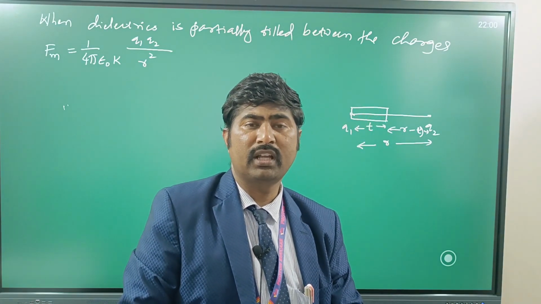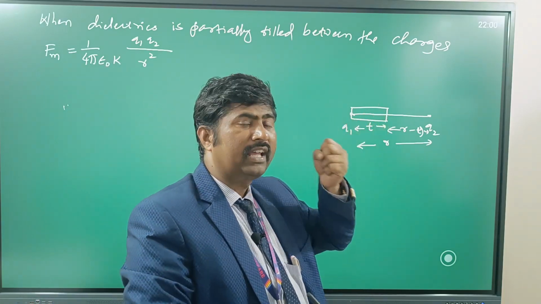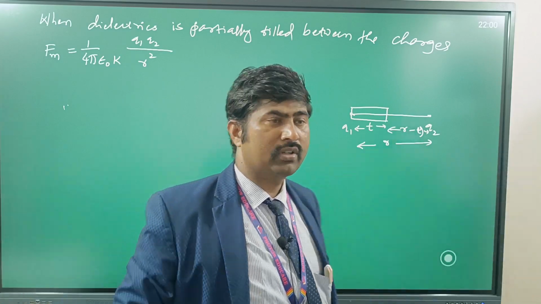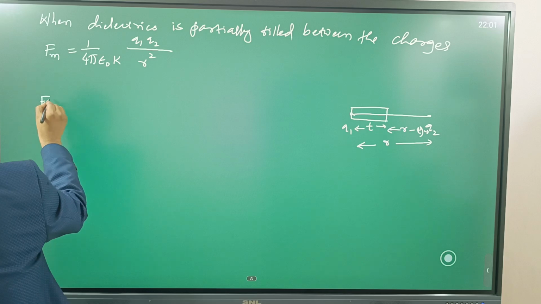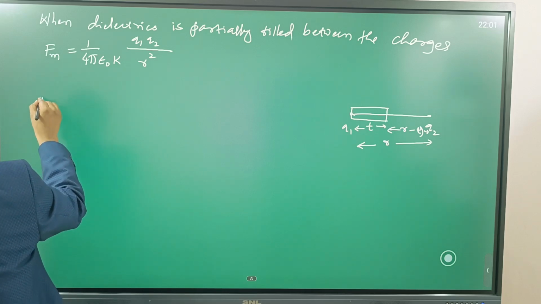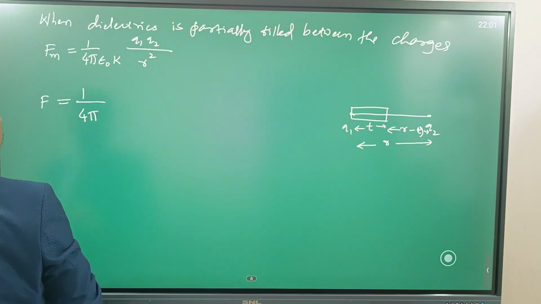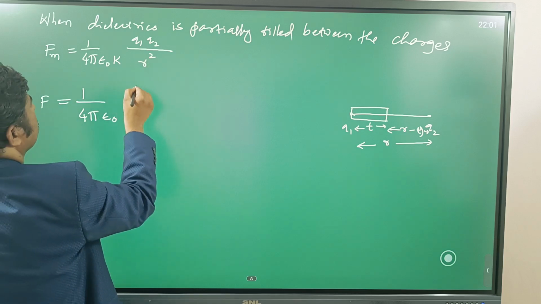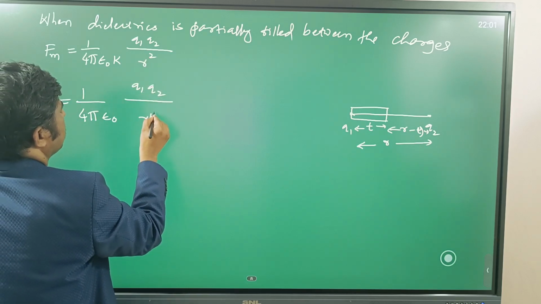Now let the dielectric material be removed and the distance increased. Then what is the force? F is equal to 1 divided by 4 pi epsilon naught Q1 Q2 divided by R dash square.